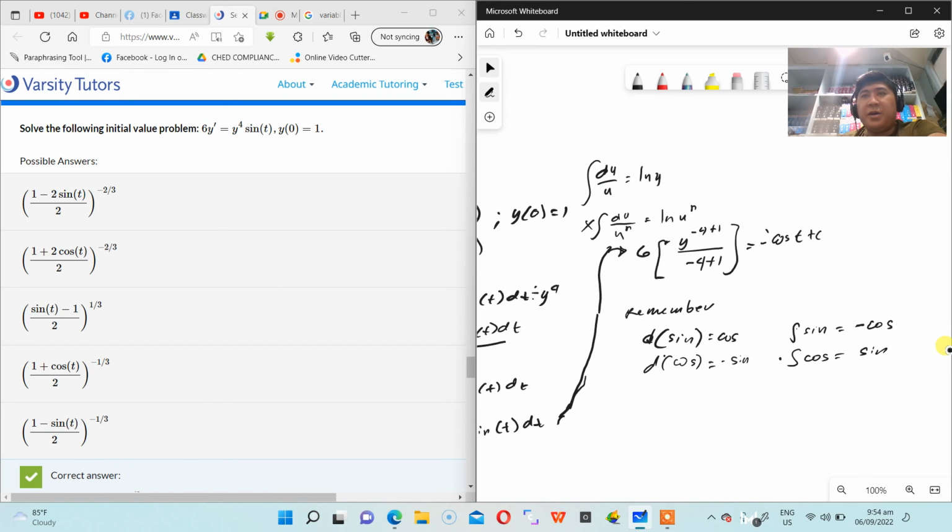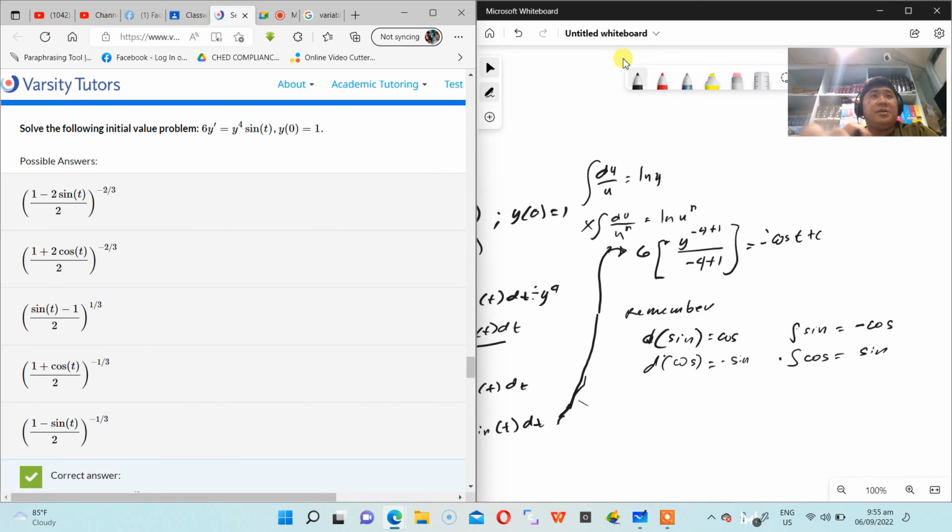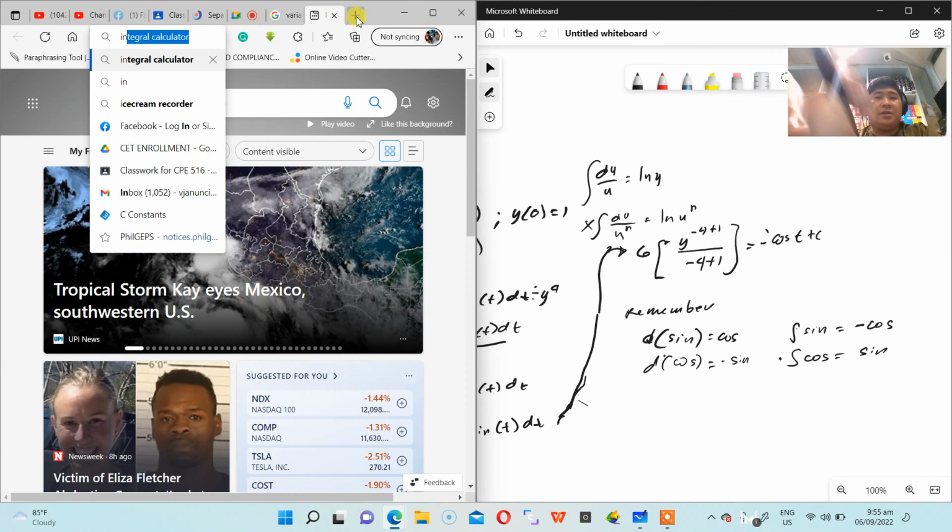Actually, you just remember one of them and everything will follow. The derivative of sine is cosine, so when you integrate sine, it is the opposite. The derivative of cosine is negative sine. So, you could browse your identities from your previous topics, or you could search on the internet. For example, use an integral calculator.